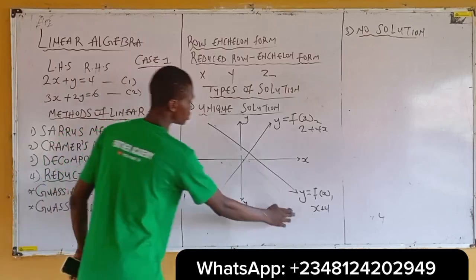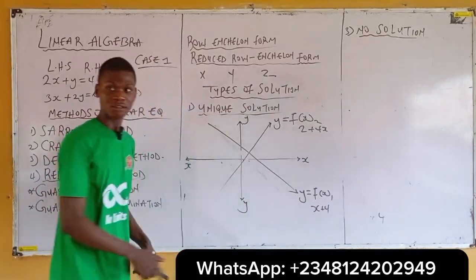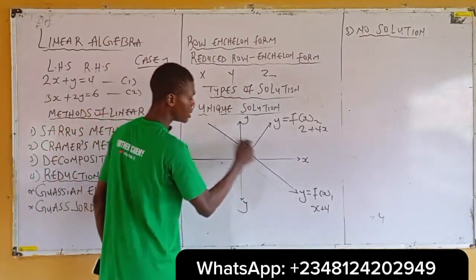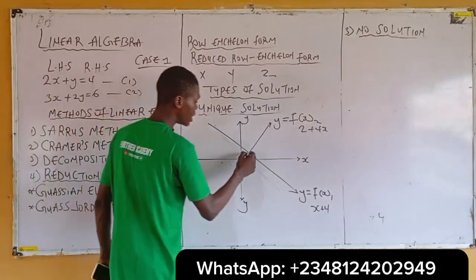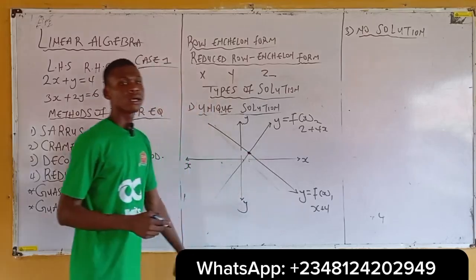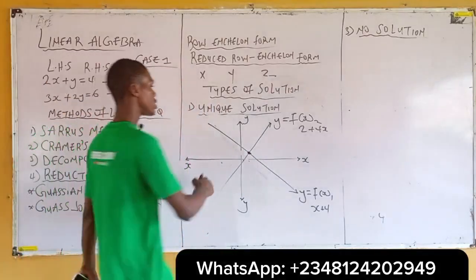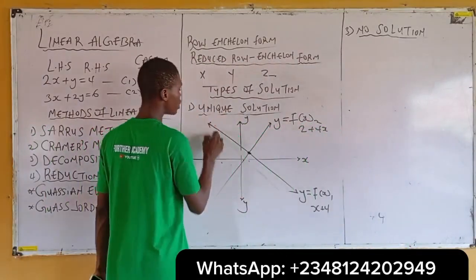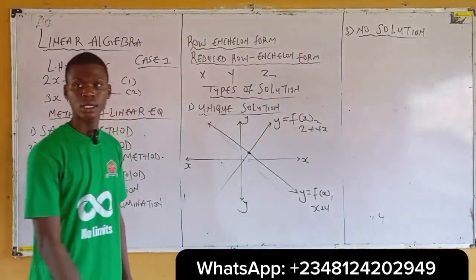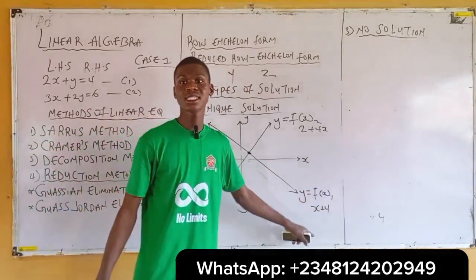This is the first equation and this is the second equation. Graphically, we are saying that the lines that represent these two equations on our graph intersect. Are you getting me? This first line is for this equation, when y equals f of x subscript 1, that is x plus 4.